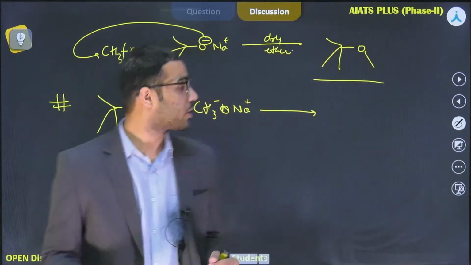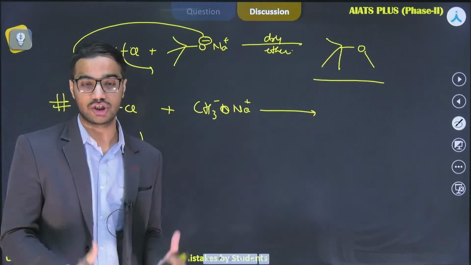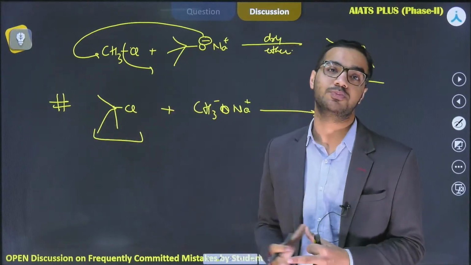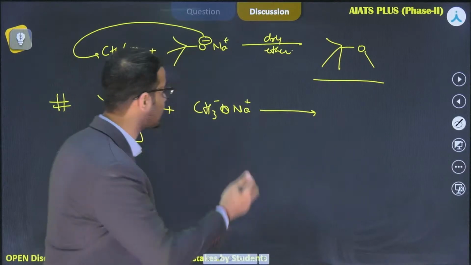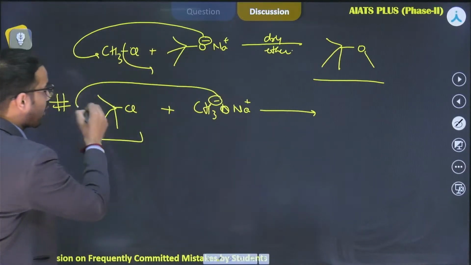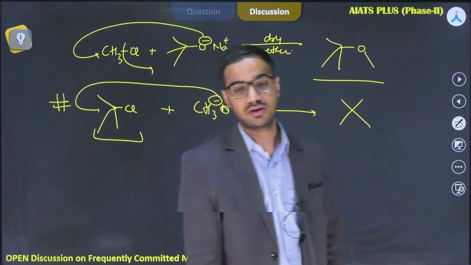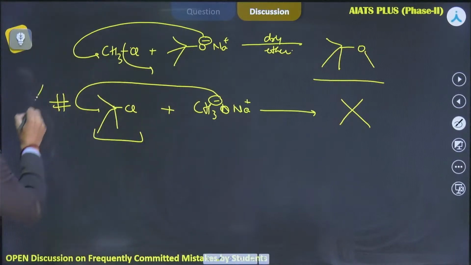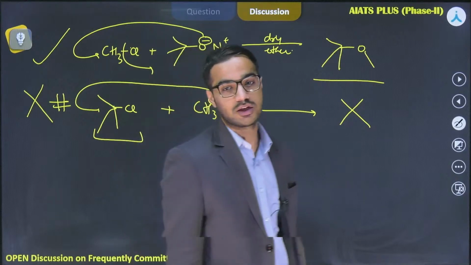This is only because this alkyl halide is tertiary, a very hindered species, so the SN2 reaction cannot be favored. There will not be an attack and it will not form an ether. So this will not be a Williamson synthesis. I hope this is clear to you all.